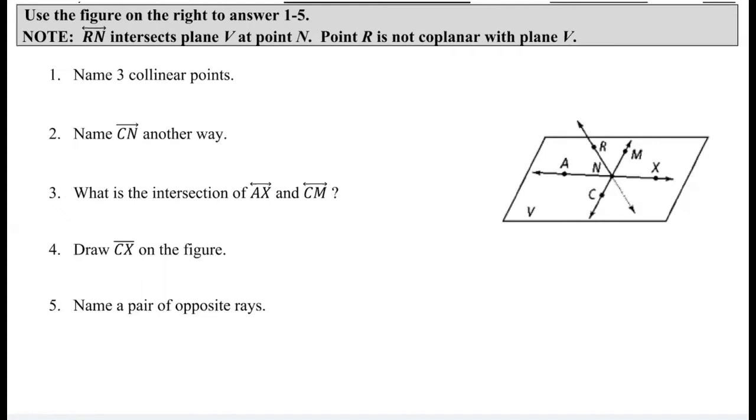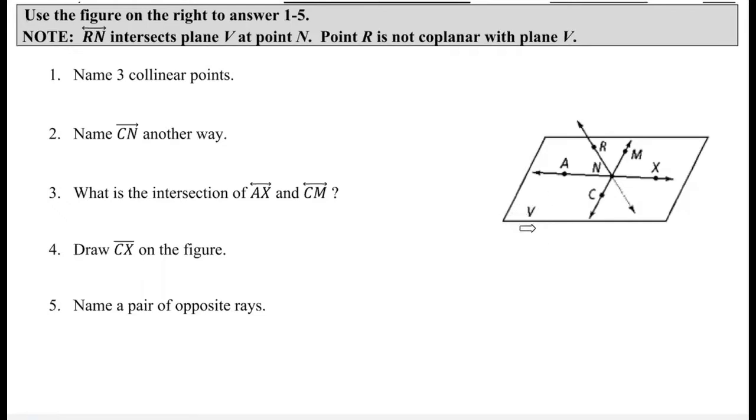So we'll see our instructions tell us to use the figure on the right, our plane here that has lots of points, lines and segments and rays inside of it. Use that figure, the information that we see, to answer questions 1 through 5. It does tell us to note that line RN intersects the plane V at point N. So that lets us know that V is the name of the plane.